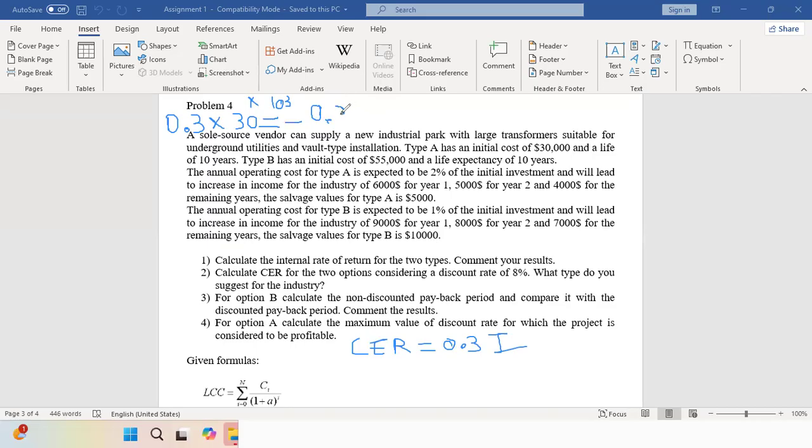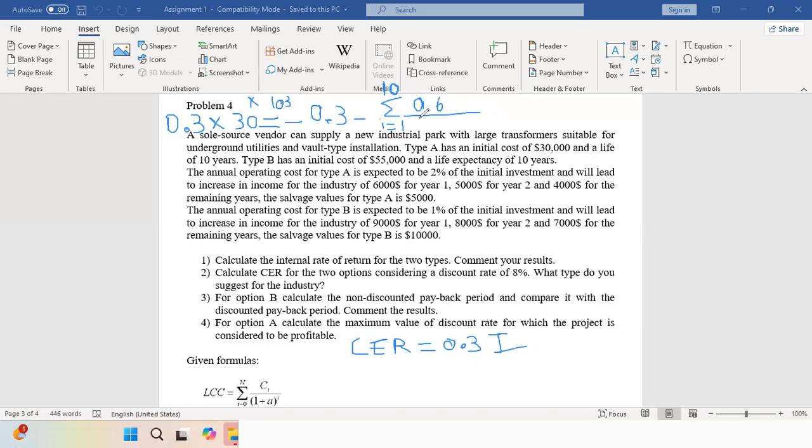Now, for the operational costs, we said that for project A it's 0.6, and we need to do the summation. So minus summation from year 1 to year 10 of 0.6 over, here A is the unknown.